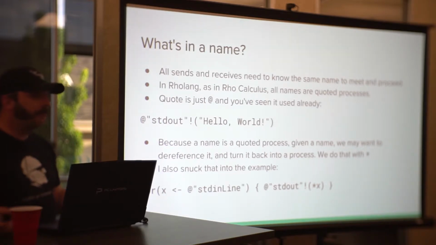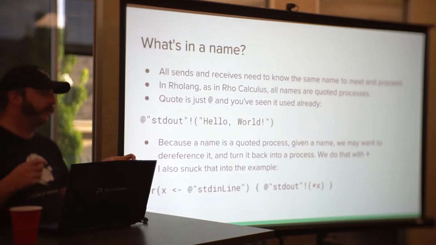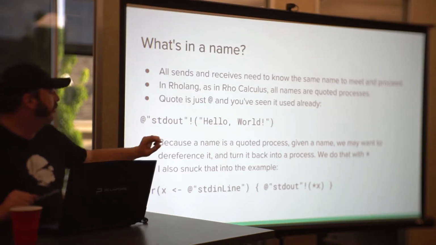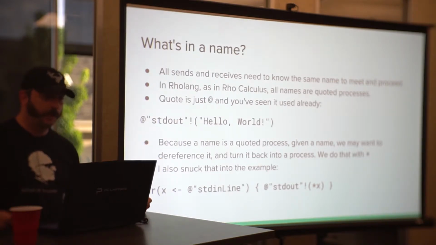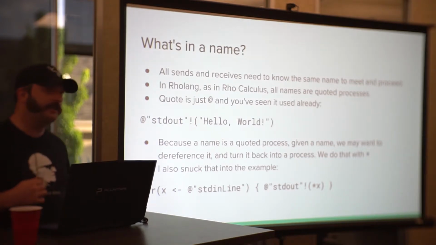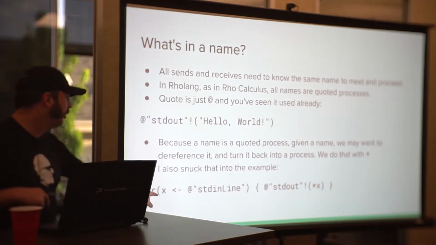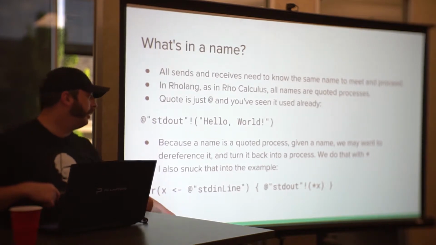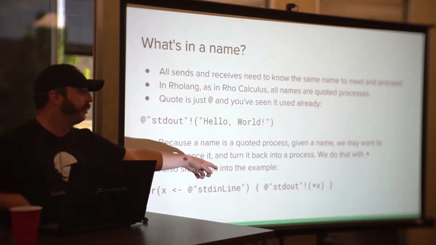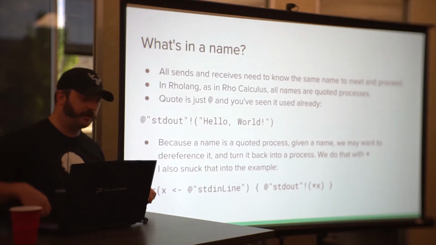So given a name, we might want to actually use the process that's quoted as a process. So we can use the star to dereference it. And if you look, I was sneaky and I stuck that into the example. X here is bound to a name, and then over there we use X as a process to send the value on standard out.